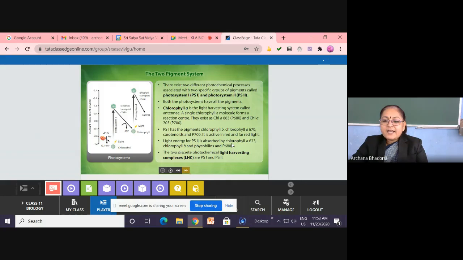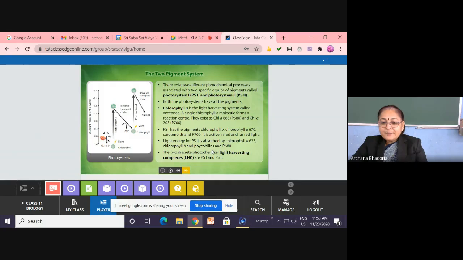Now pigment system 2, or photosystem 2, try to understand. The reaction center will be named P680 because it absorbs the light rays having wavelength 680. It has chlorophyll A, B, and phycobilins.